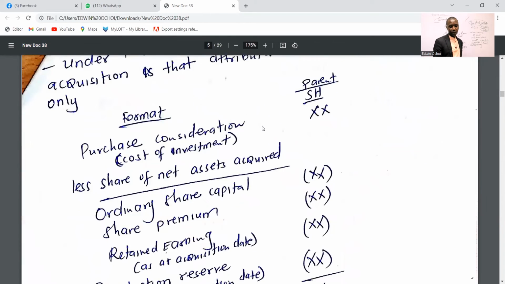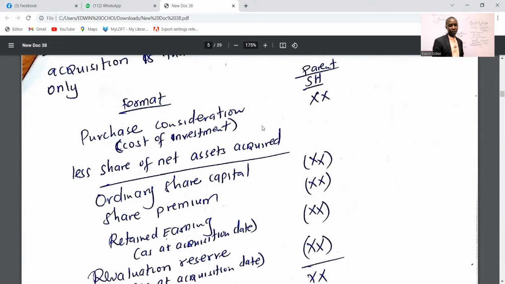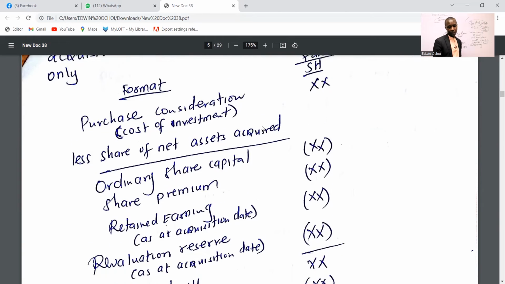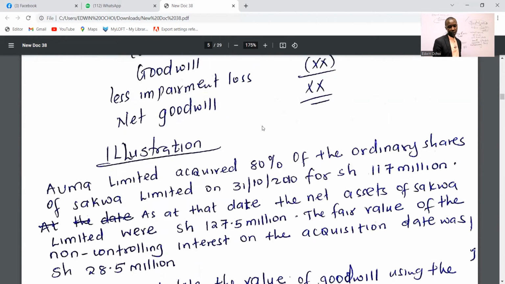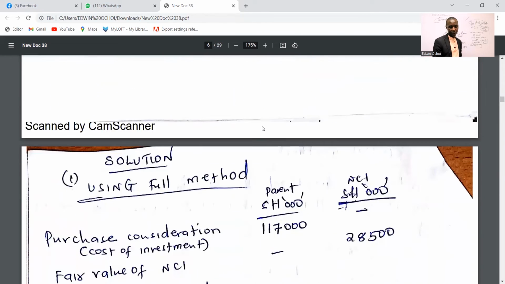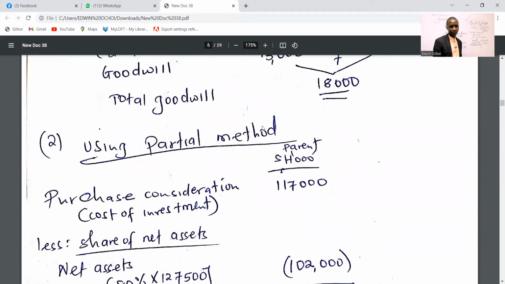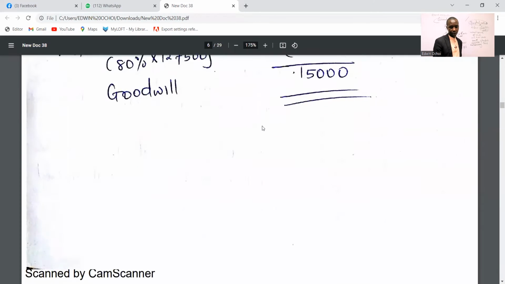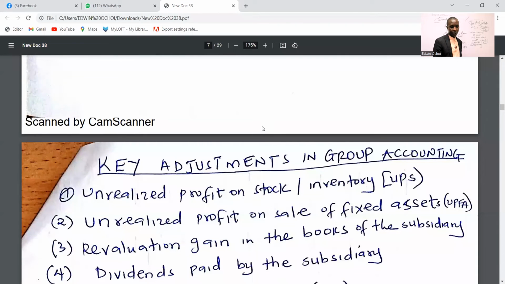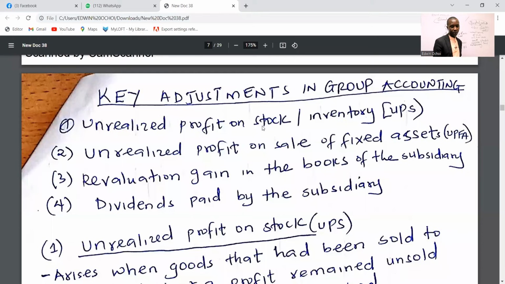For the partial method, this one is just for the column of the parent. There's no aspect of non-controlling interest. So there's no purpose of doing this illustration because I will do illustrations from the past papers. So let's skip that and go direct to the key adjustments in group accounting.